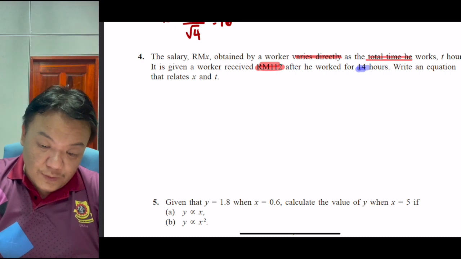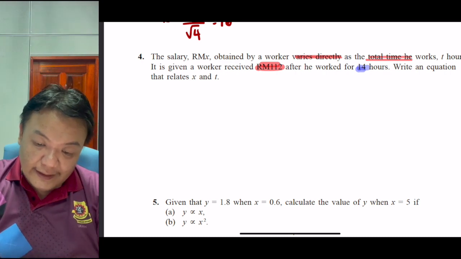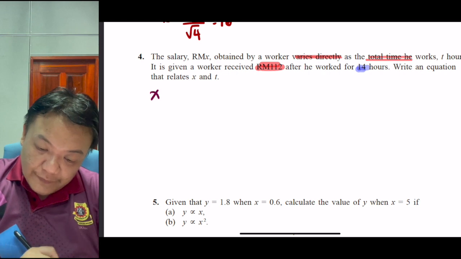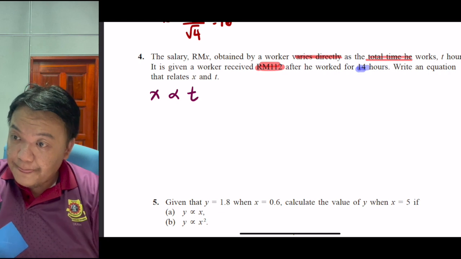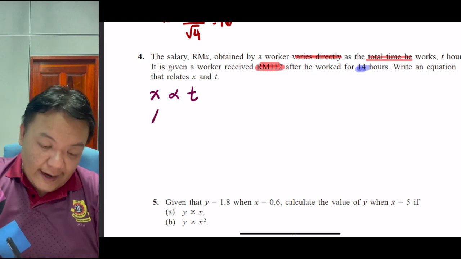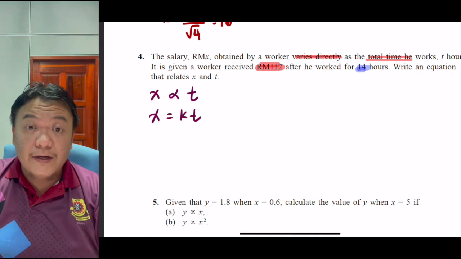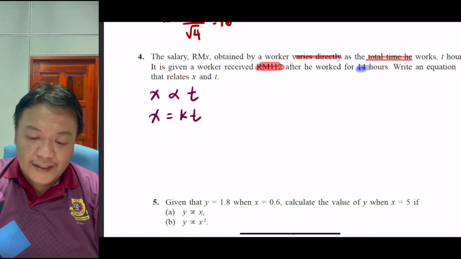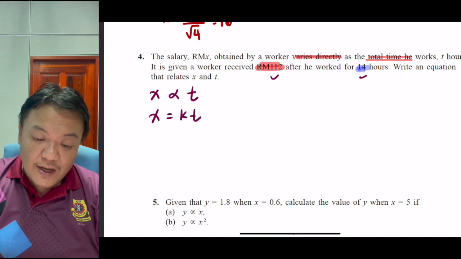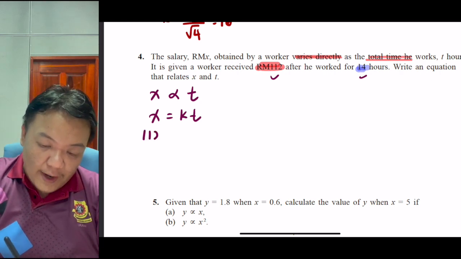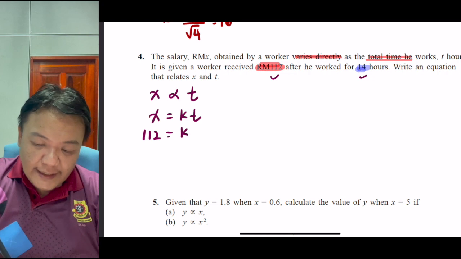First let's write the variation. So we have x varies directly as t, and then x is equals to kt. Then you need to find the value of k by substituting these two values. So x is RM, so we know that x is 112, equals to k times t, which is 14 hours.